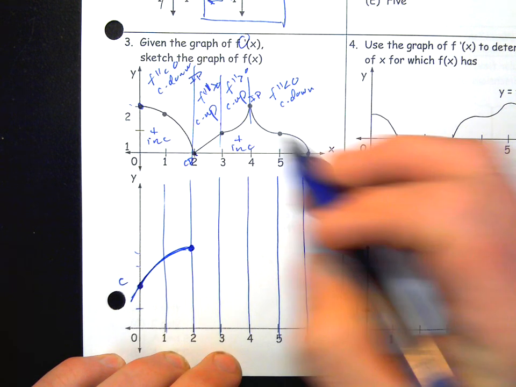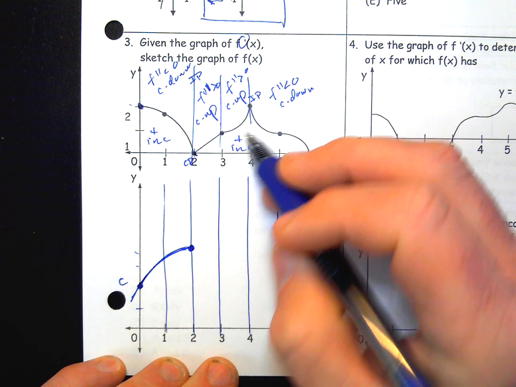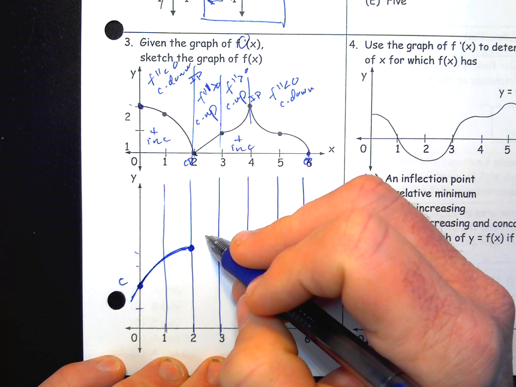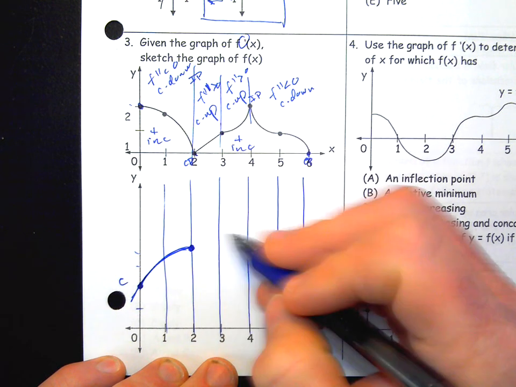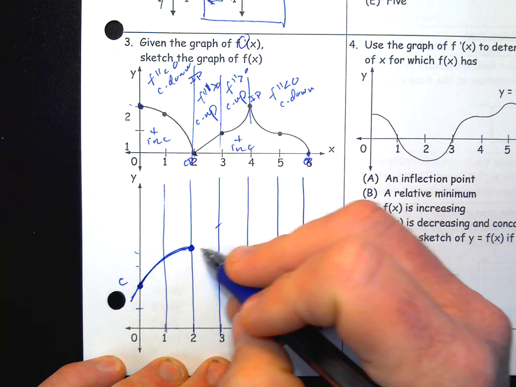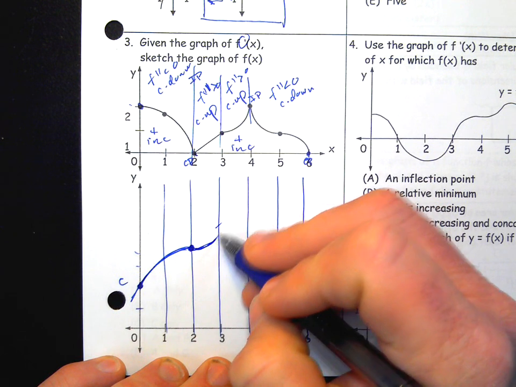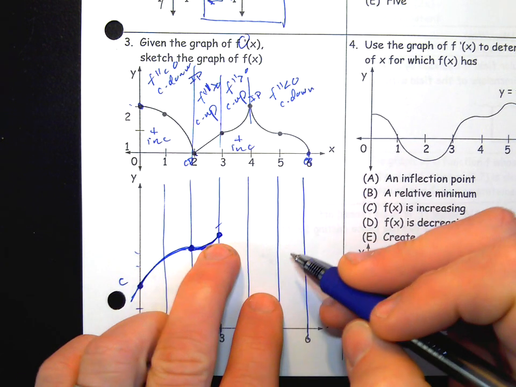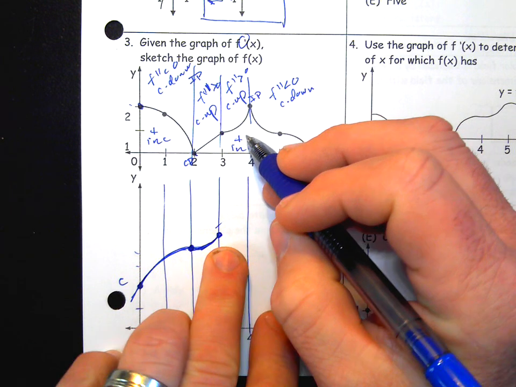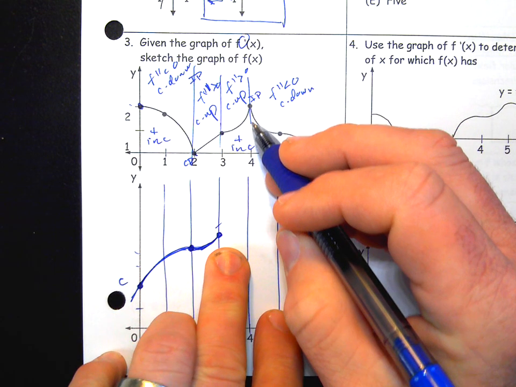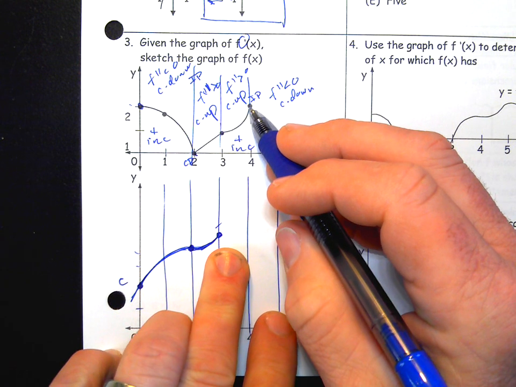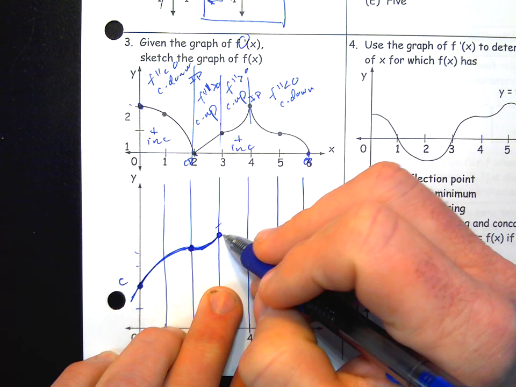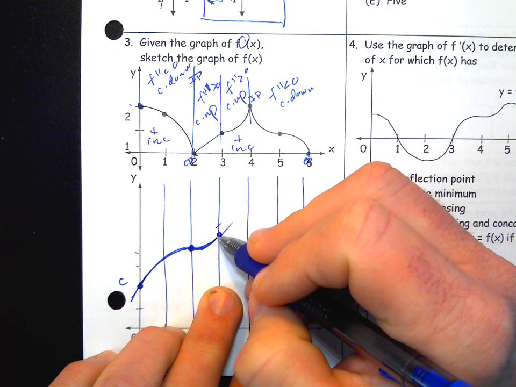The next chunk is going to be going up and concave up and end at a slope of 1. So maybe something like that. Slope of 1, not a slope of 0, and then it's going up more and approaches a slope of 2, goes up even more, and it's concave up still.